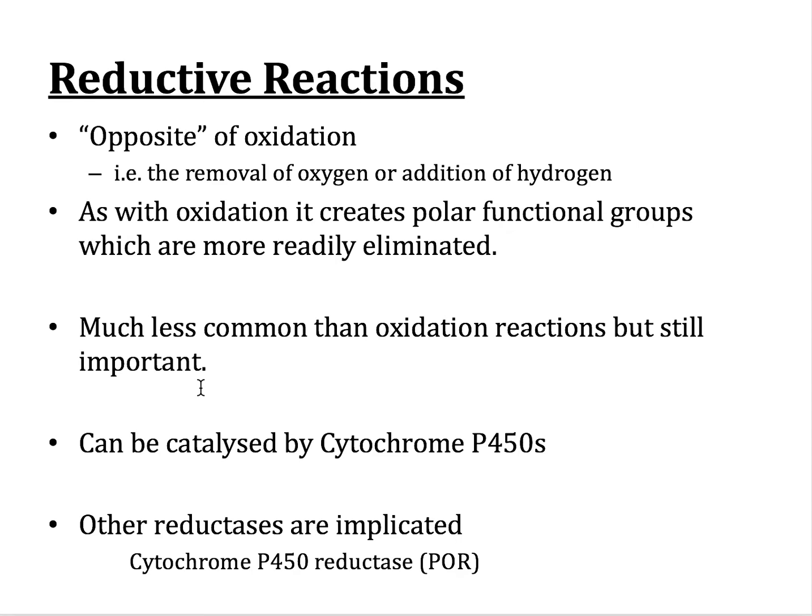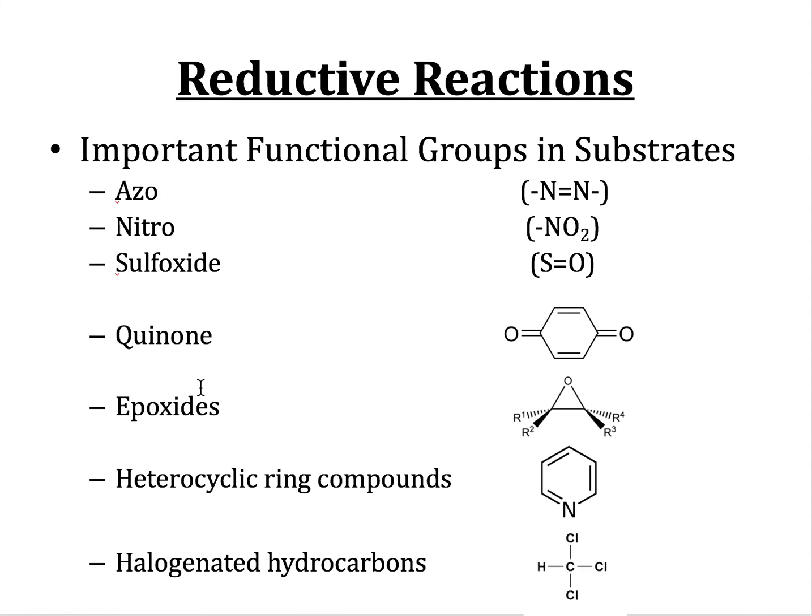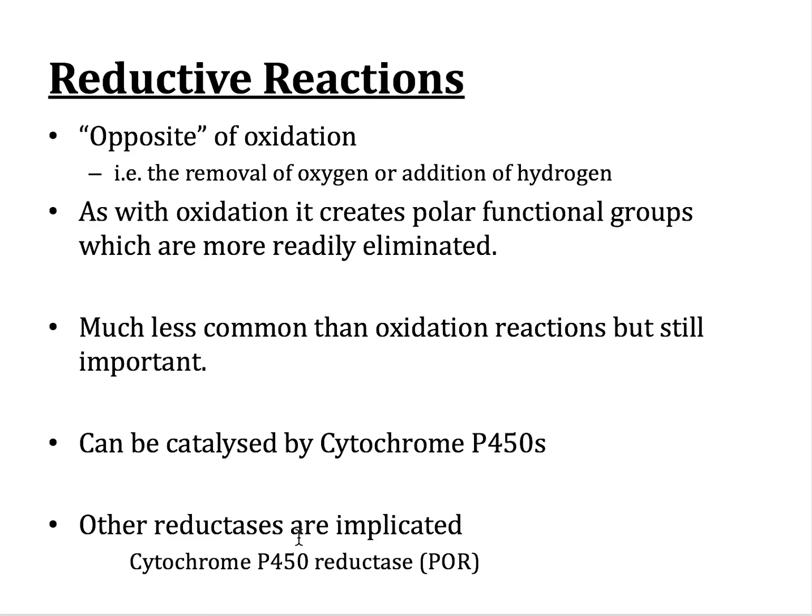It doesn't occur as much as oxidation by P450 and non-P450 enzymes, but a significant number of reductive reactions do take place, and it can be catalyzed by cytochrome P450s. Other reductases are implicated. Cytochrome P450 reductase is an example. So the enzyme involved in this process is called cytochrome P450 reductase. That's a key thing, POR.